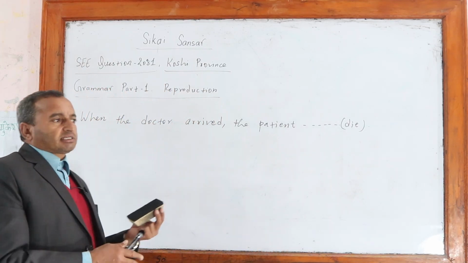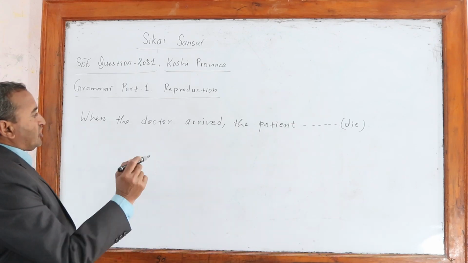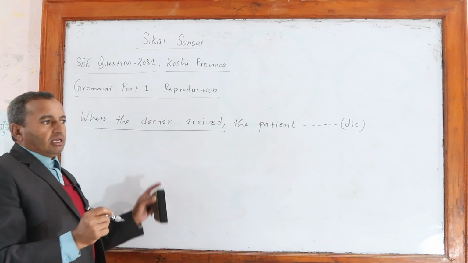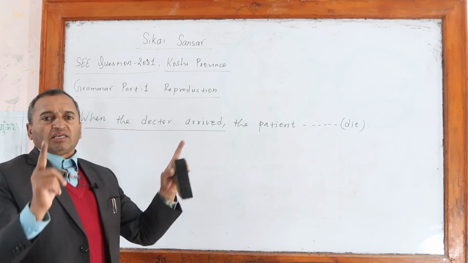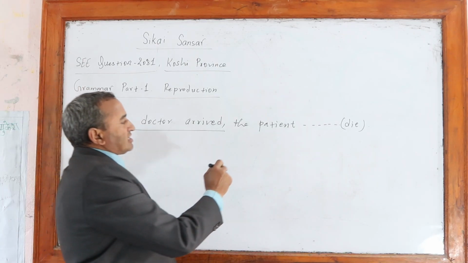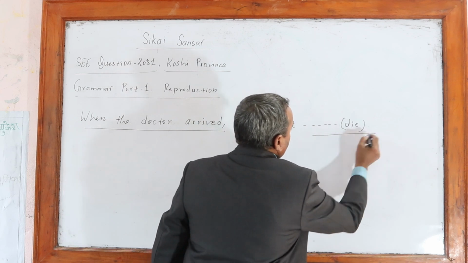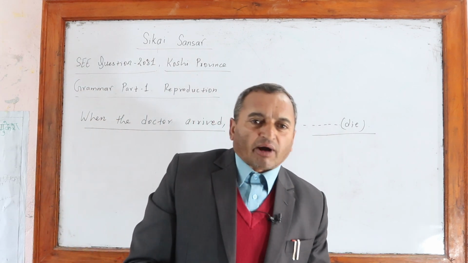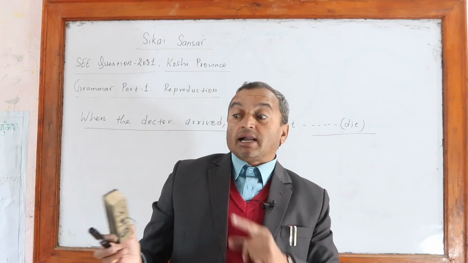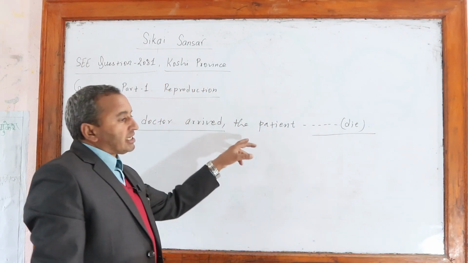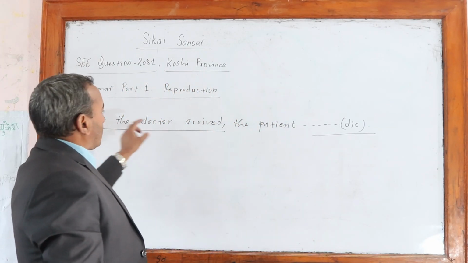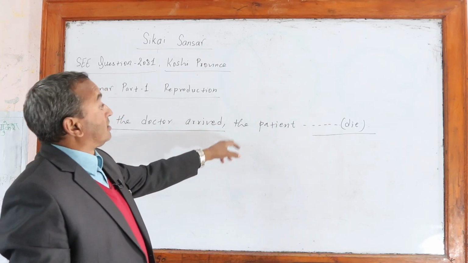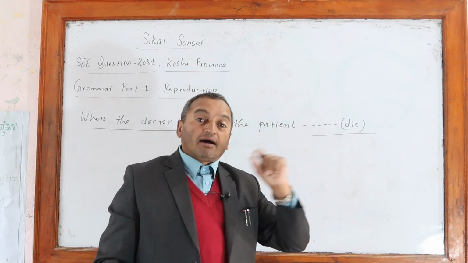Look here again. Let's analyze the different activities. When the doctor arrived, the arriving doctor is an action, and the patient died, the dying of the patient, is another action. When the doctor arrived at the bed, the patient had already died.